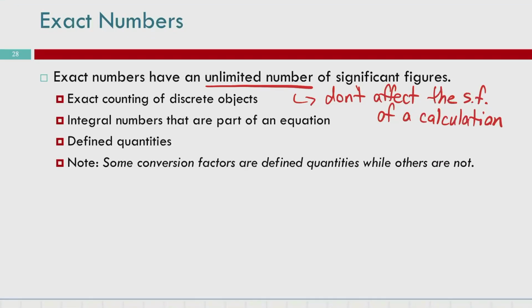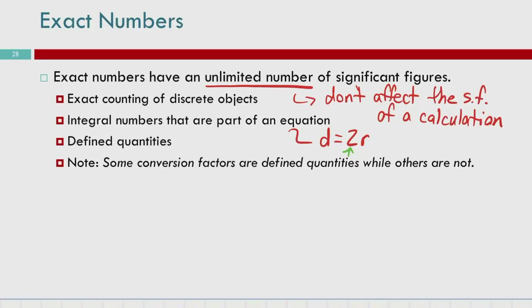Integral numbers that are part of an equation, like for diameter, the diameter is 2 times the radius. That 2 is an integral number that's part of an equation. It's got an exact number of significant figures, so we can just use it, but ignore the significant figures part.